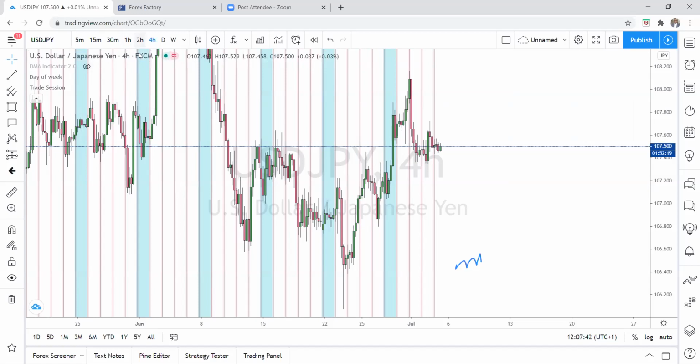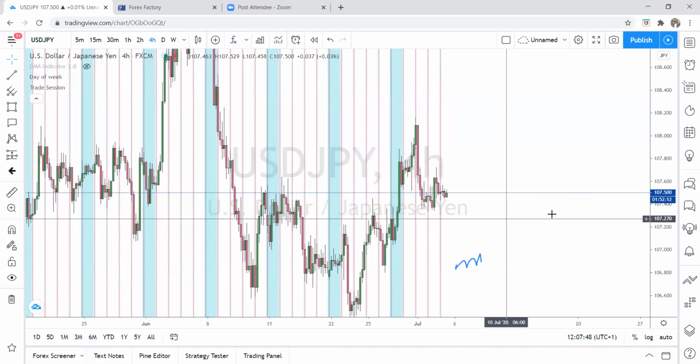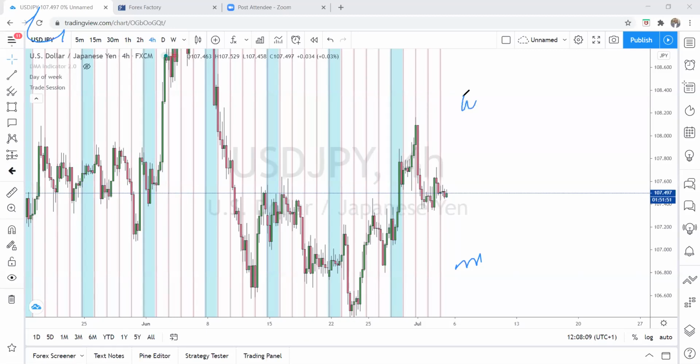But I do believe that many of us here are not swing traders. Many of us are day traders. Normally a swing trader has a special way of looking at the market. A swing trader wants to look at what's happening on the weekly, on the daily, even monthly.